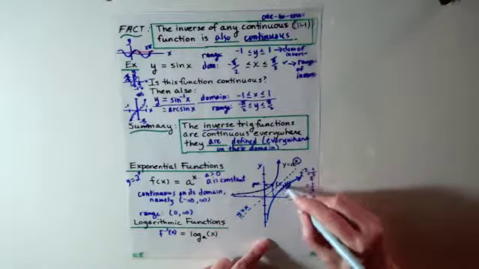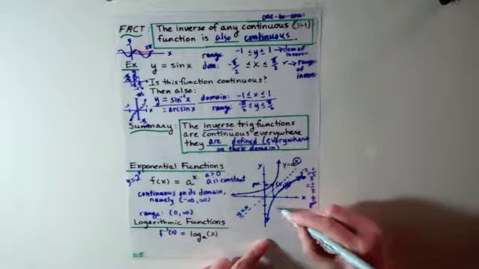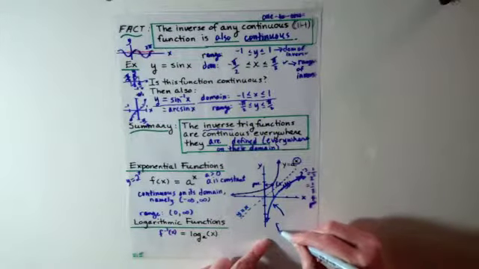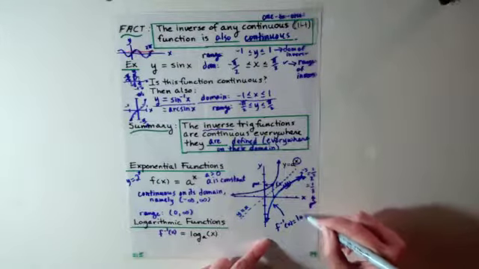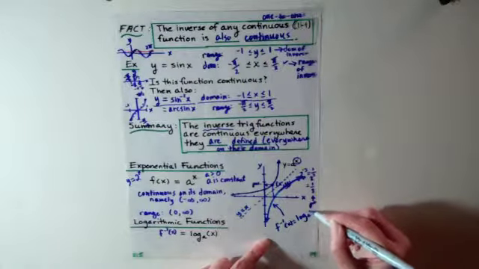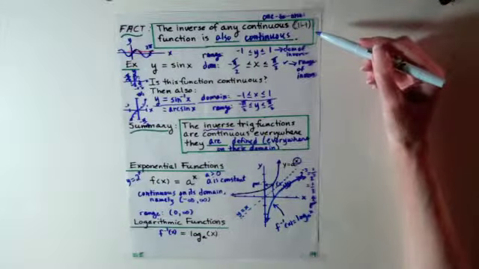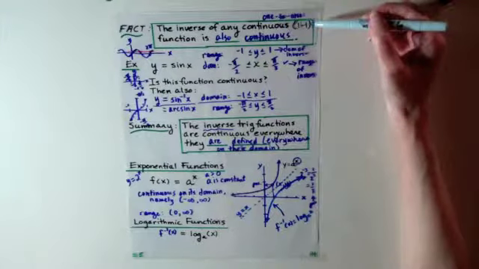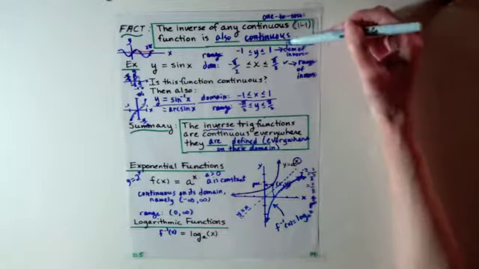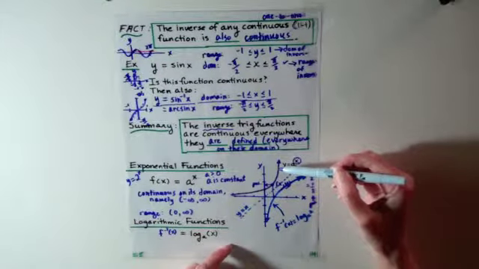And this would be the graph of the inverse, f inverse of x, which is log base a of x. And what did we say up here at the top? We said that the inverse of any continuous one-to-one function is also continuous. And a to the x is not only a continuous function, it's also a one-to-one function.